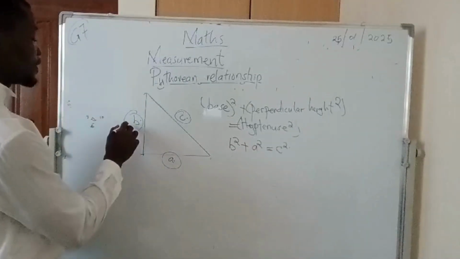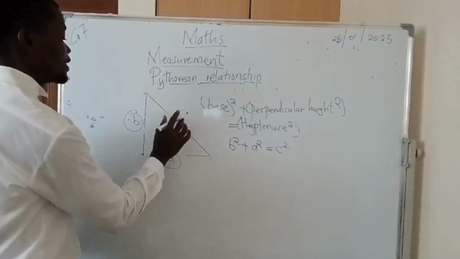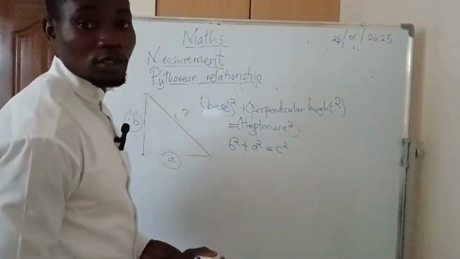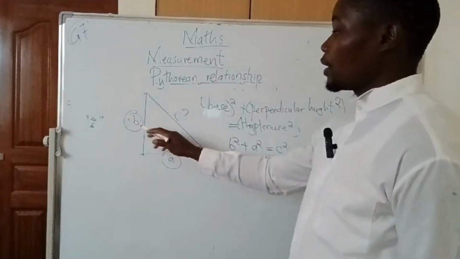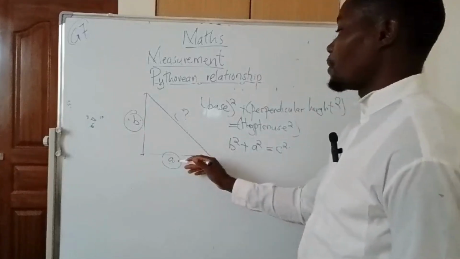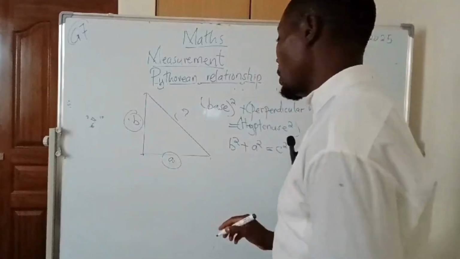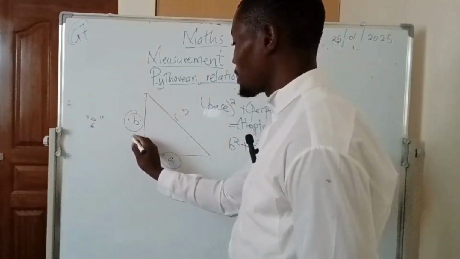So assume that you've been given b and a, and you have been asked to find c. In short, you've been given the perpendicular height together with the base, and now you are asked to find the hypotenuse. How will you go about that? Do you remember the figure that was here? Here it was 8.